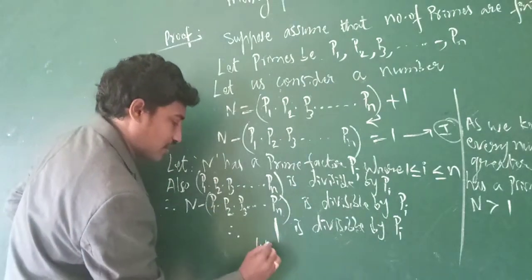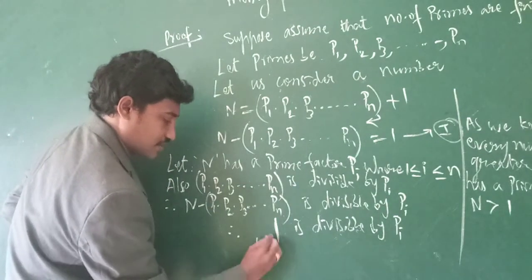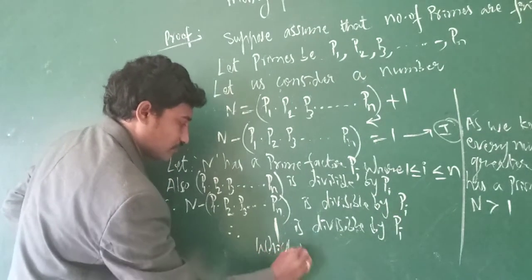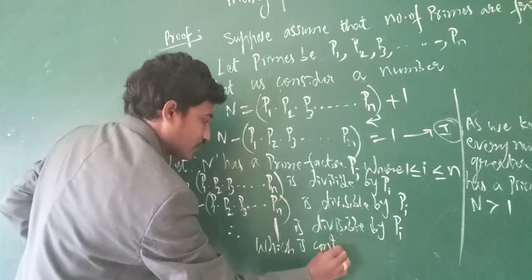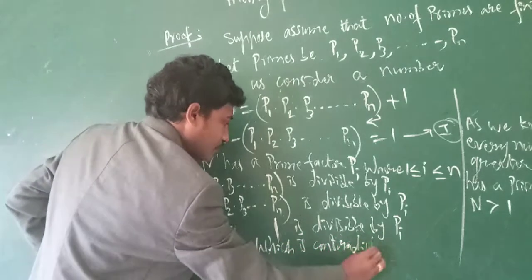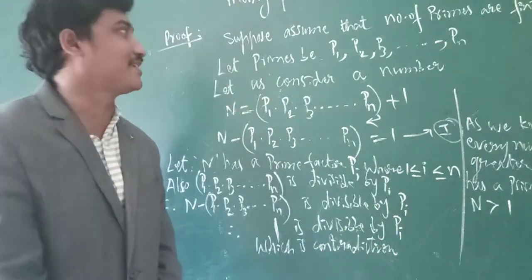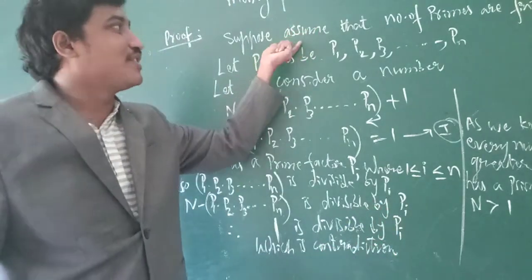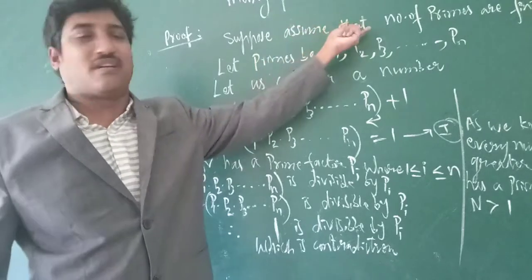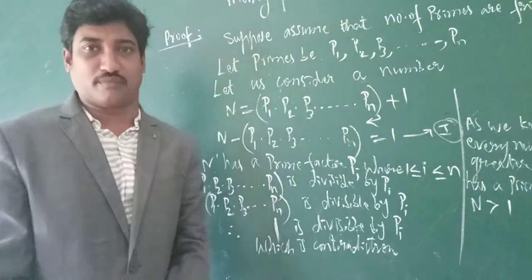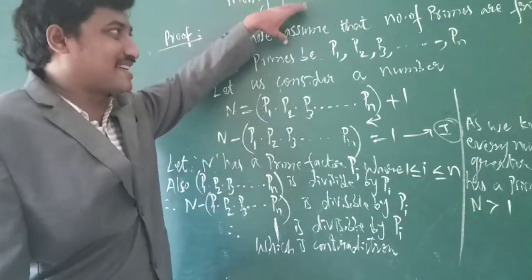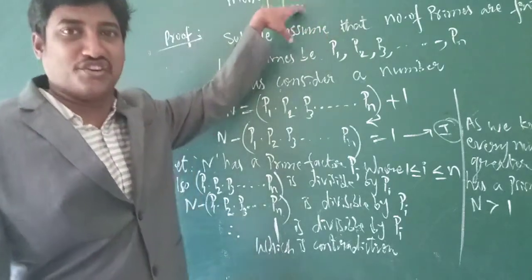We got a contradiction because our initial assumption is wrong.